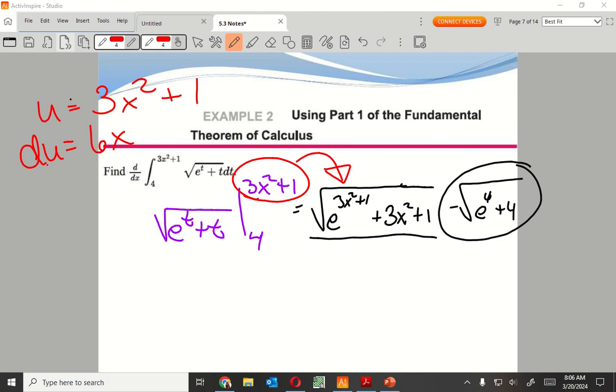So as we put this in, my answer is going to be e to the 3x squared plus 1, plus 3x squared plus 1, times du, and my du in this case is going to be 6x.